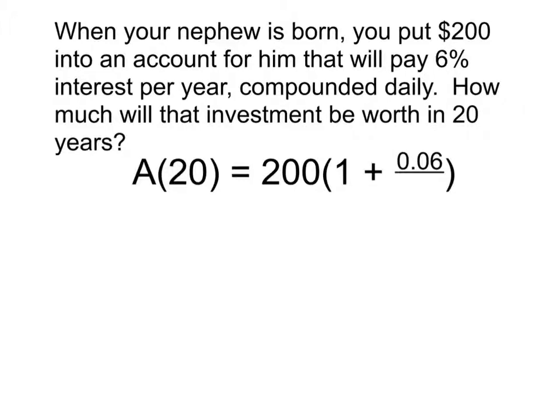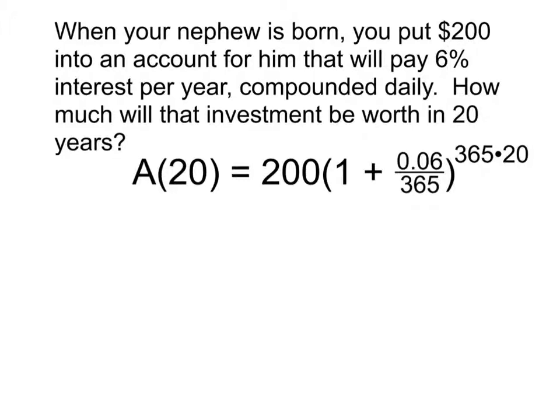In this case, we are compounding daily. Well, how many times then are we going to be compounding our interest every single year? 365. The number of days in the year, yeah, so 365. And so when you set up your equation, this is what you should be looking at. Make sure that's correct on your paper, and then we got to look at the calculations, because the calculations with this one get a little bit trickier.